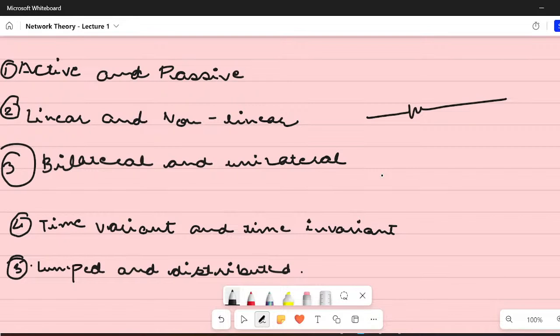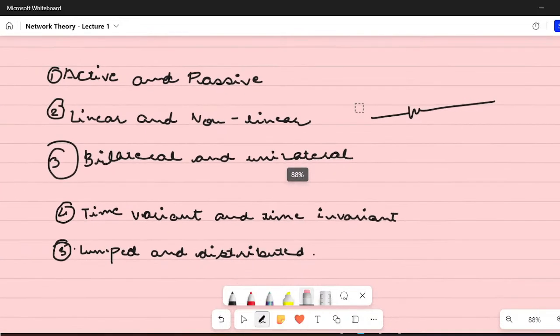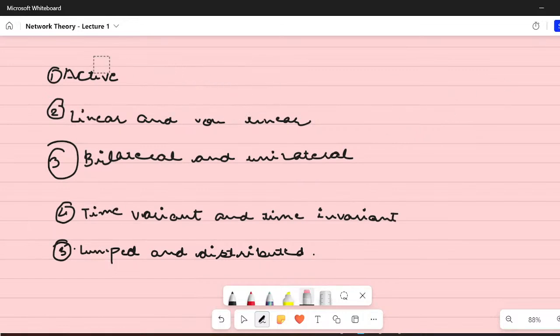So this was a general idea of the different kinds of elements that we are talking about. It is just a brief overview, not anything that we have discussed in detail, because it is something we will not be dealing with a lot.